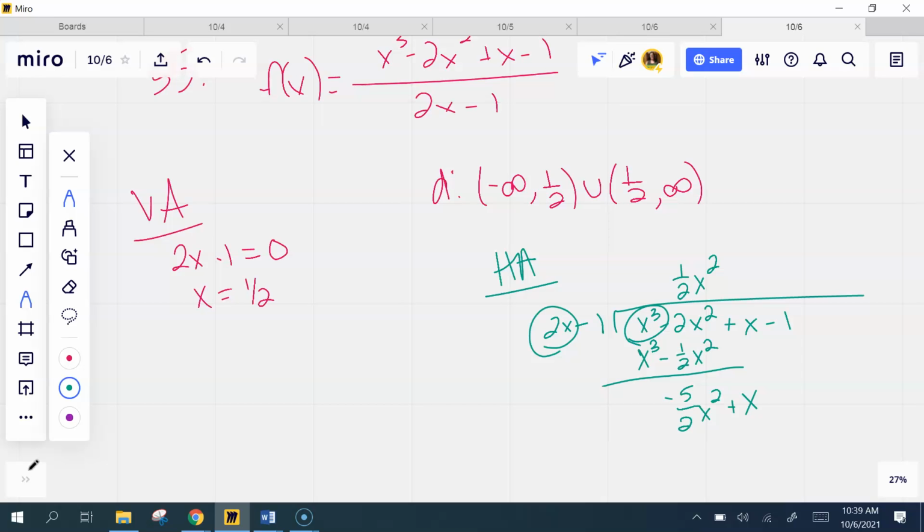Now what? What do I do? What do I need to multiply 2x by in order to get -5/2?